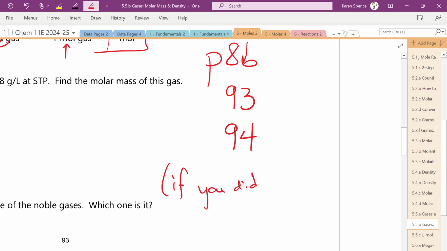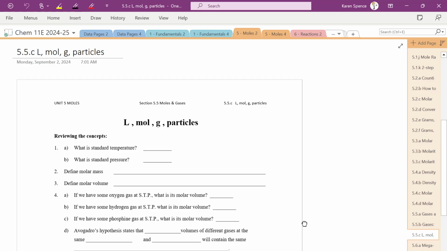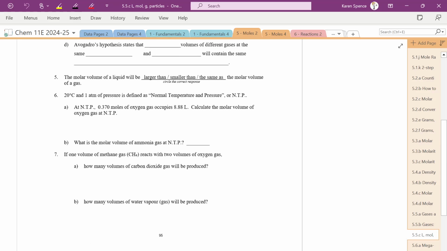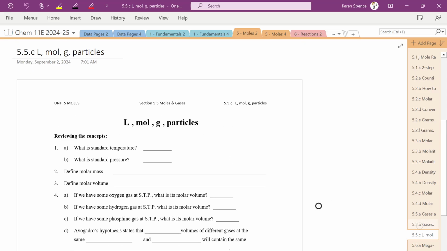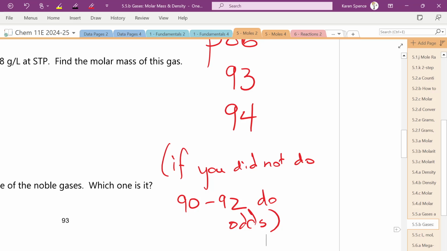If you did not do 90 to 92, do the odds. We're also supposed to do 96, right? Were you also supposed to do 96? Probably, yeah. Did you do 96? We'll add 96 onto that if you didn't do it, okay?